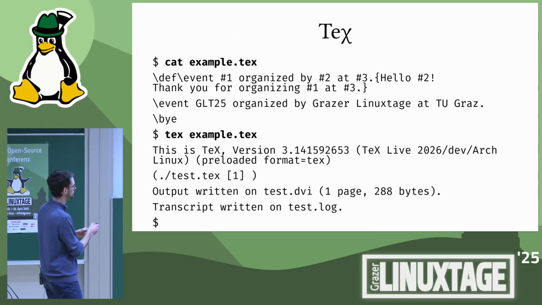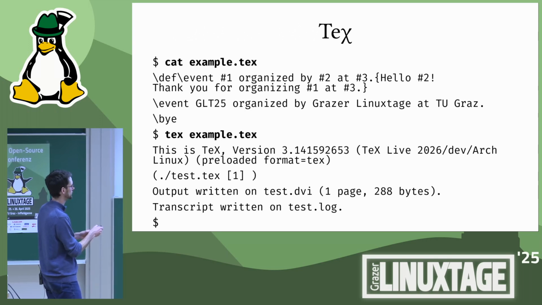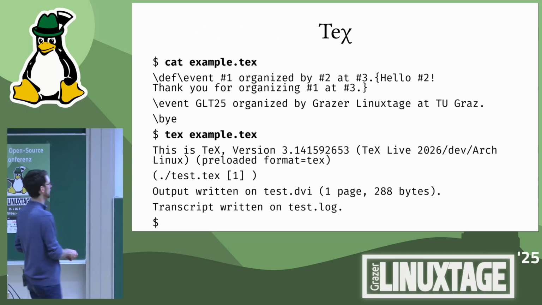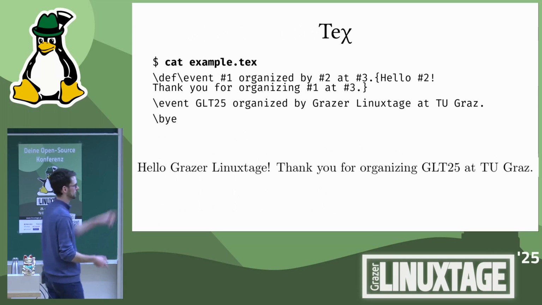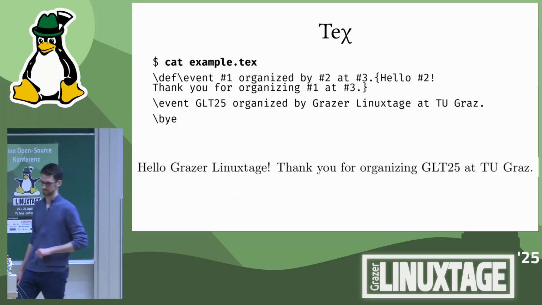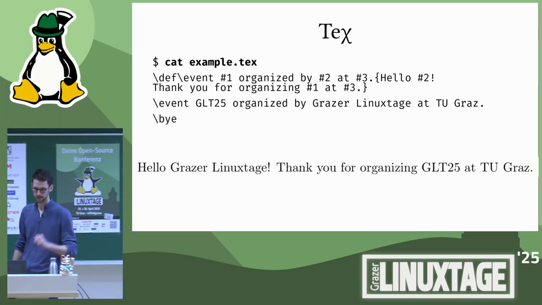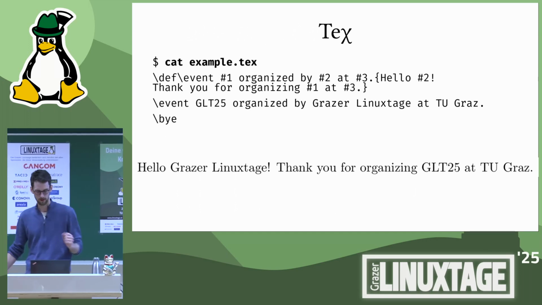Okay, and if I now use it, \event, this #1 will be GLT 2025, and #2 is going to be Grazer Linuxtage, and so on. And due to its definition, since this matches, this is going to be replaced by hello, thank you for organizing. This is what it looks like in here. Okay, so that's how TeX works.